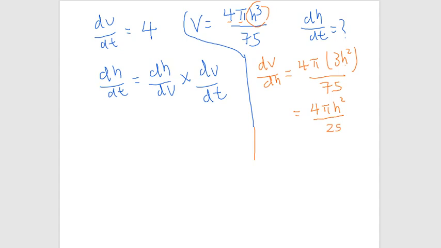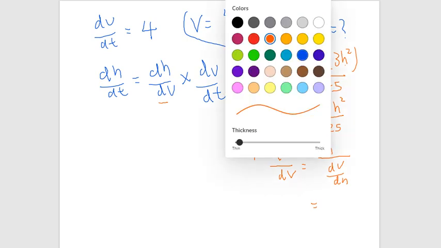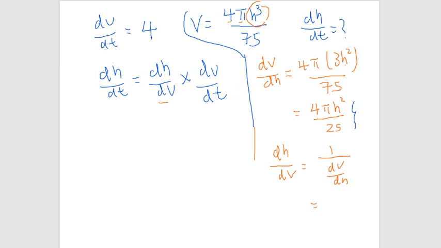What you need is dh/dV, so it should be 1 over dV/dh. You invert this, so it should be 25 over 4 pi h squared. So dh/dt is 25 over 4 pi h squared times dV/dt, which is 4.